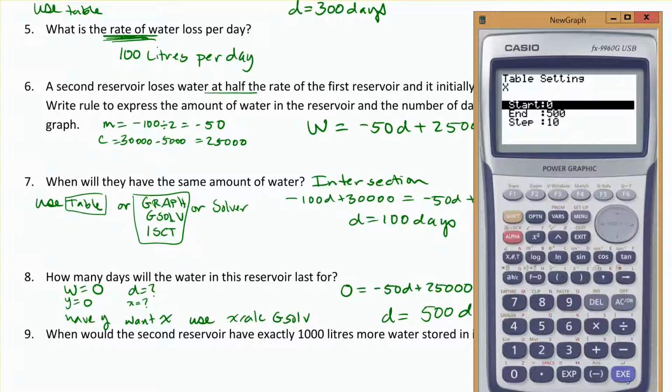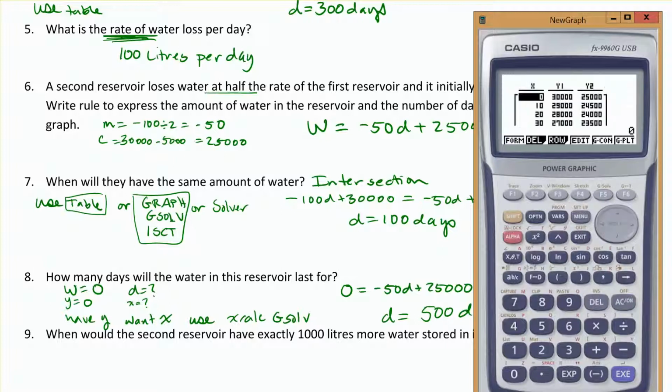Zero to 500 seems alright. Steps of 10, table. And I want to know when the second graph is 1,000 more than the first. So I know that on day 100 they have the same, so I'll go to at least day 100.